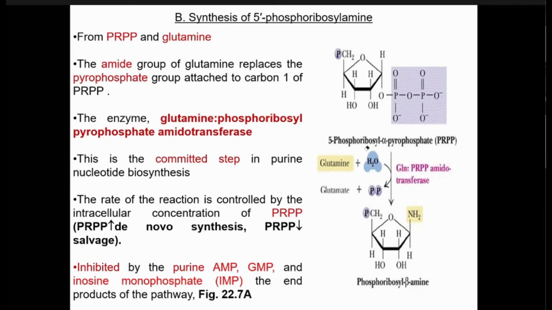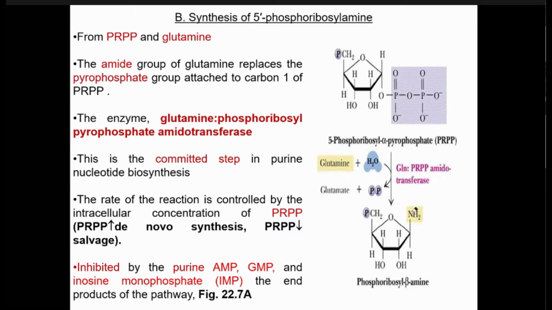As I mentioned, when you see yl, it's a radical. This is phosphoribosyl. Don't worry about alpha and beta: alpha is at position 1, and beta is at position 5.